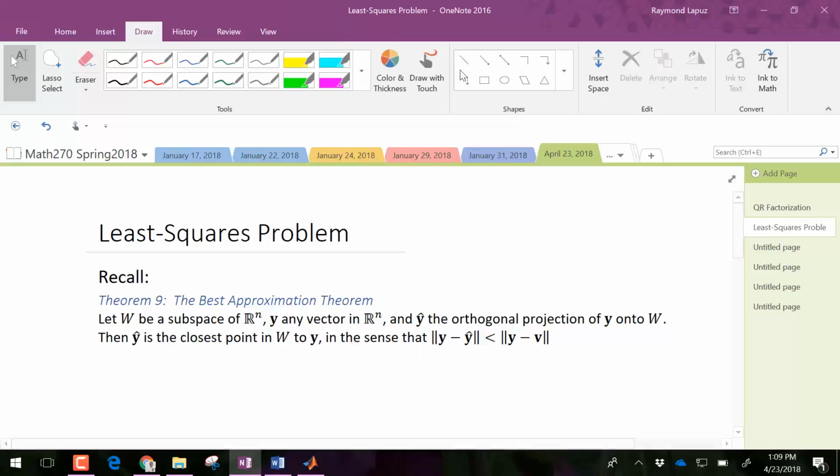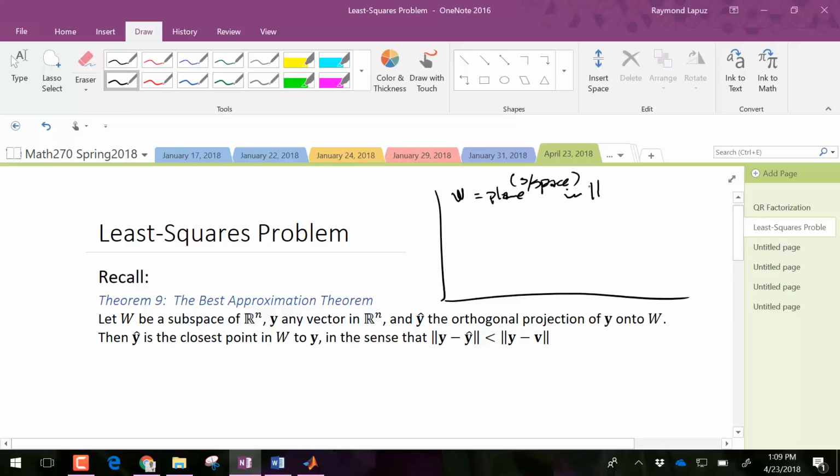That might sound a little confusing, because it is, but let's see if we can put this in a simple two- and three-dimensional perspective. For the sake of viewing this, let W be a plane subspace in R3.